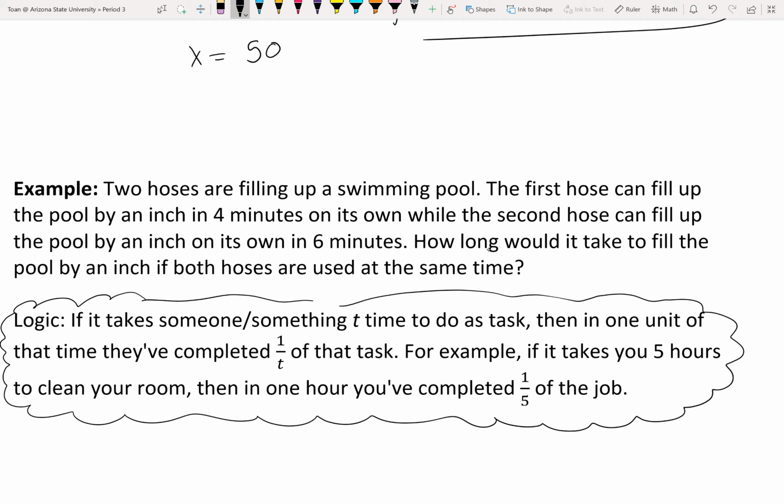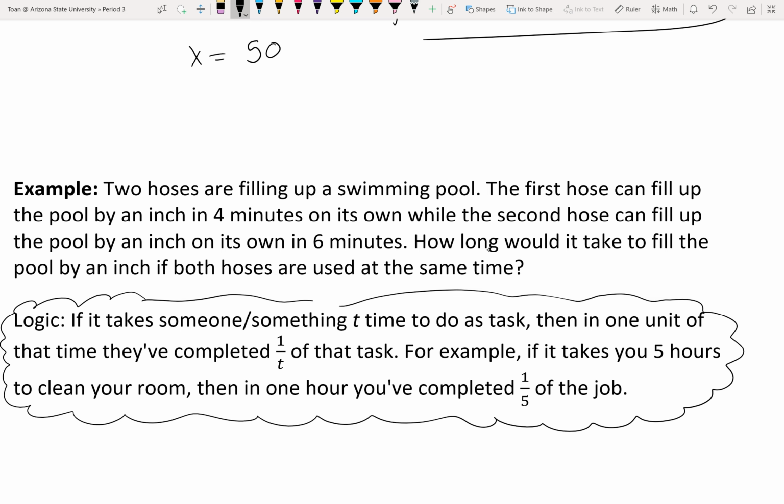If it takes 5 hours to clean your room, then if I take a unit of time, so just 1 hour, wouldn't it make sense that if it takes 5 hours to do the whole thing, in 1 hour you've done 1/5 of it? Yeah, and that's just the idea. If you know the total, 5 hours, then how much you complete in 1 unit is just the reciprocal, in this case 1/5. That makes sense?